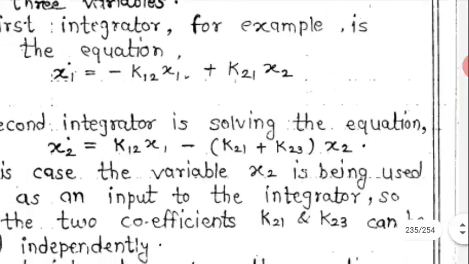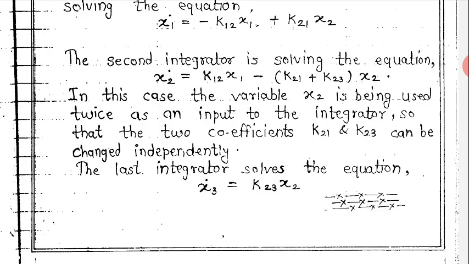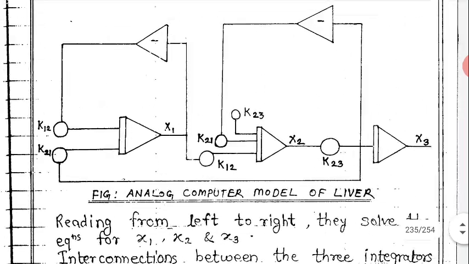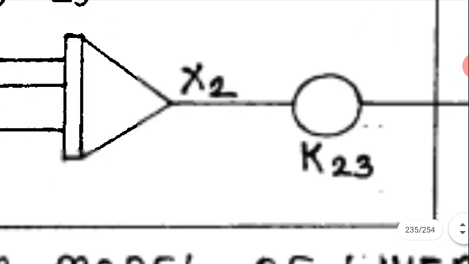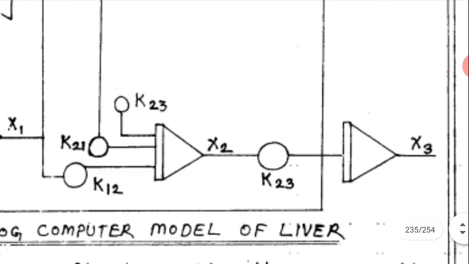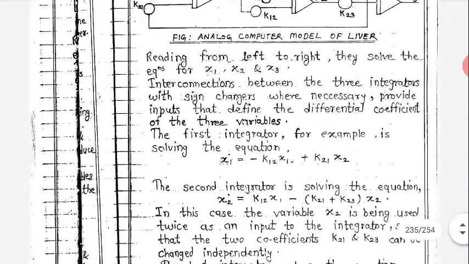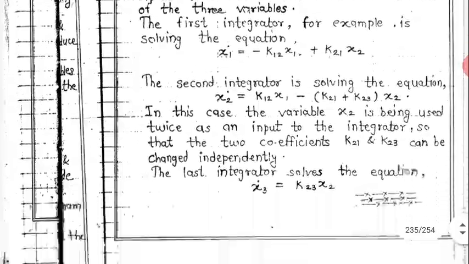The third variable, x3 dot, is equal to k23 into x2. Here we can see the modeling of this type of analog computer model for a lever.